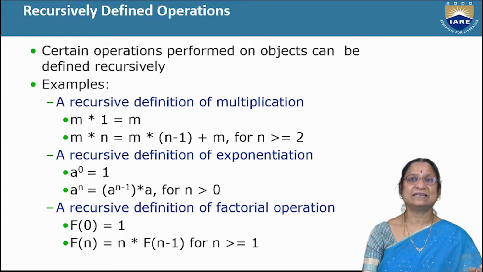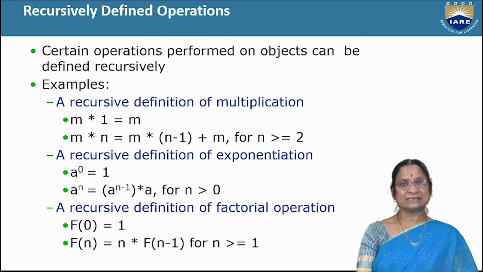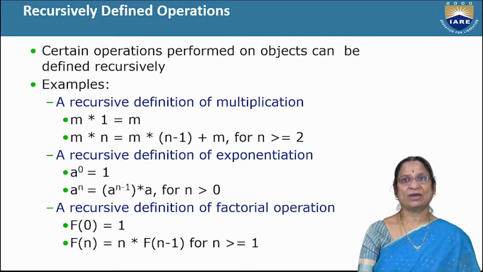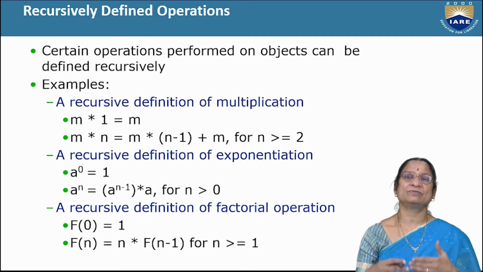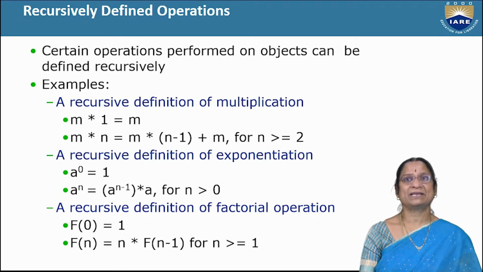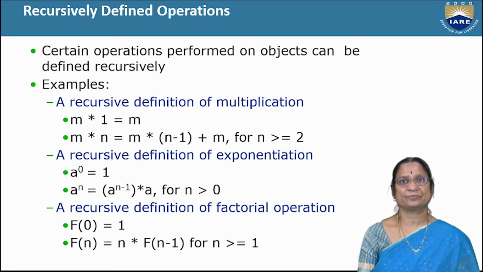It is recursive. This process is continued till we reach m star 1, where we get the result. Generally, m star 1 is equal to m. We will use this and reversely calculate as explained in the earlier slide.